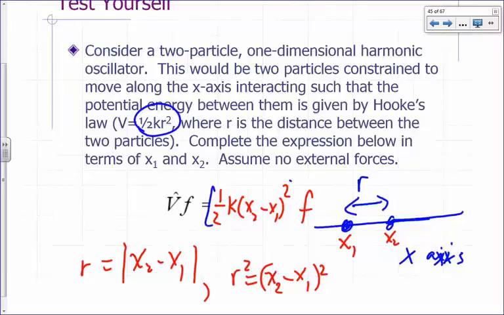Okay, so the potential energy operator is just an operator that multiplies whatever it's operating on by the expression for the potential energy. Okay? So this is the interaction between the 2 particles, with no external forces, no other sources of potential energy besides the interaction between the 2 particles.